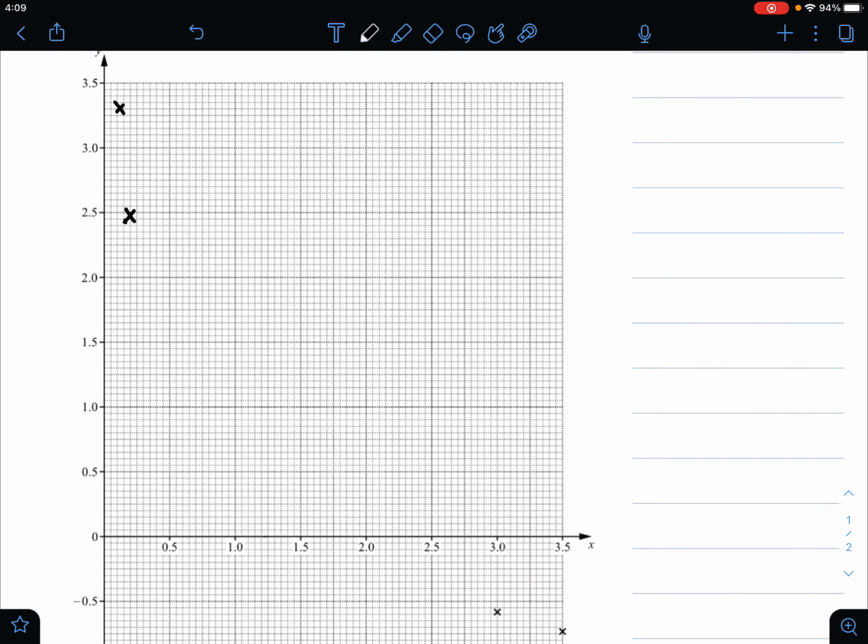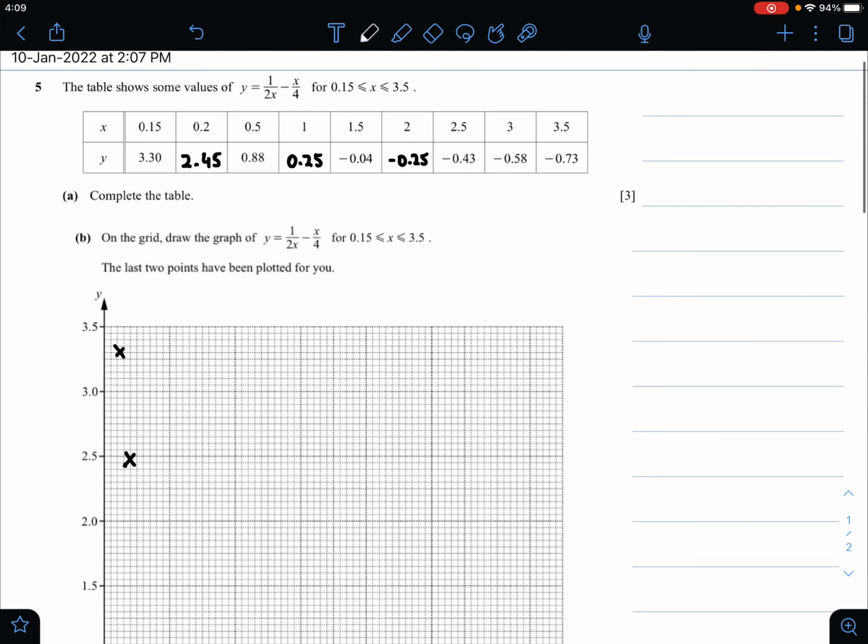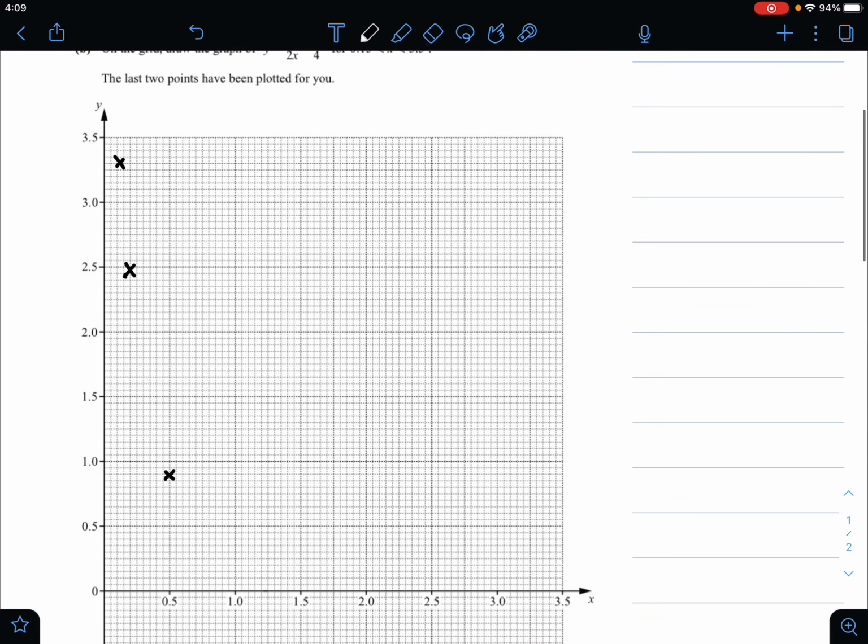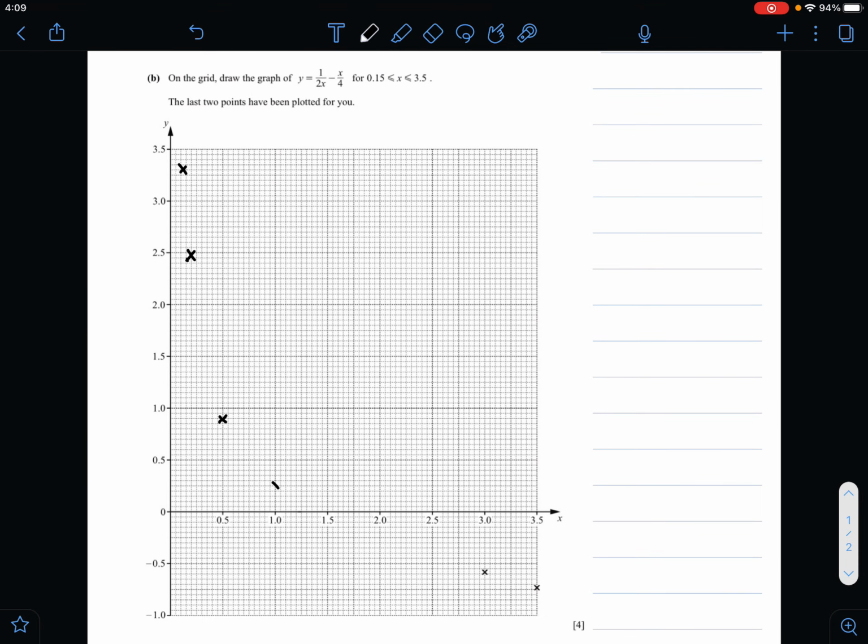So 0.8 would be right here, and 0.88 would be somewhere close to the 0.9 point, approximately over here. Now let's plot 1 comma 0.25. That would be right here.